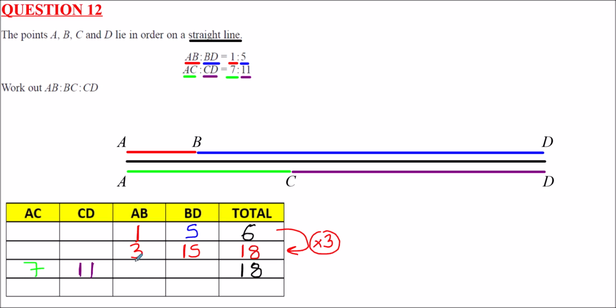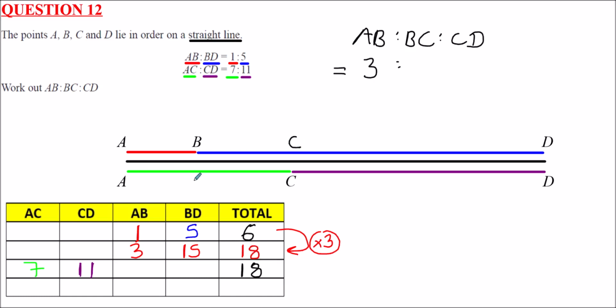So now, because they all match up, we can combine these on the same row. So AB to BC to CD. AB now, we've got 3 lots. BC, now we have from B to C, we can work out here as such.